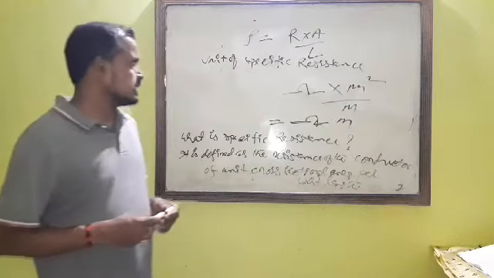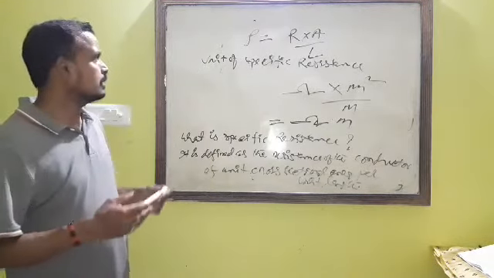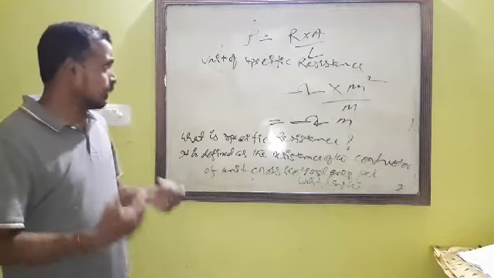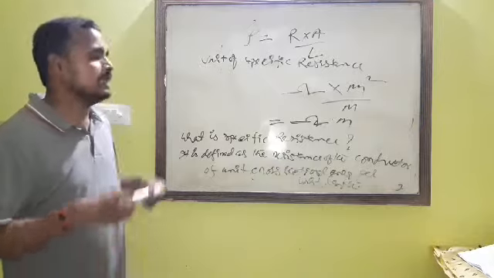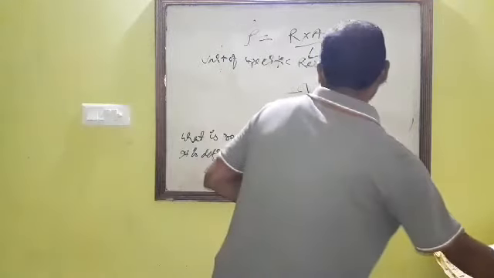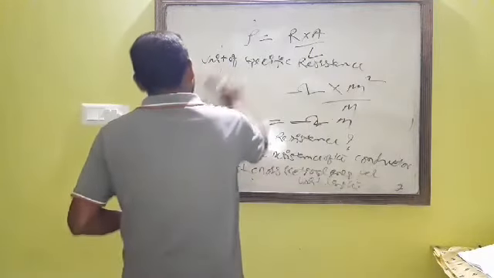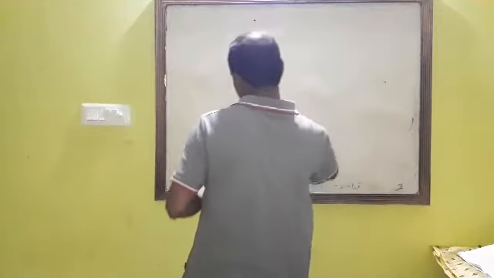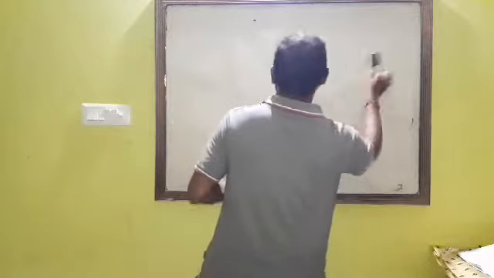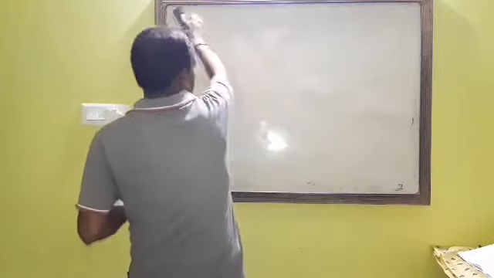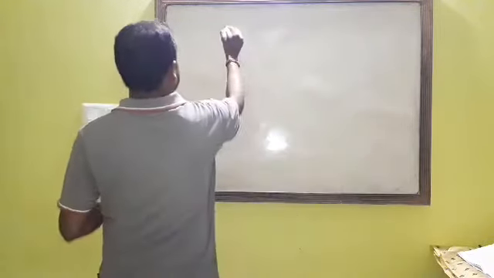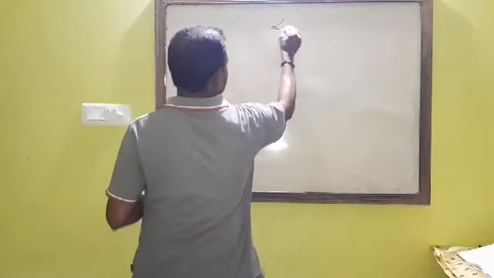Now the case arises of how the specific resistance varies in conductors, alloys, semiconductors and insulators. Those materials which are good conductors of heat and electricity, for example silver, aluminum, copper, iron and tin, have low resistivity.